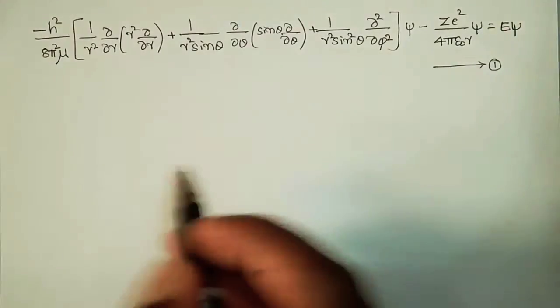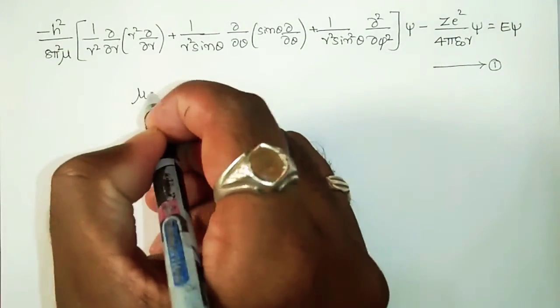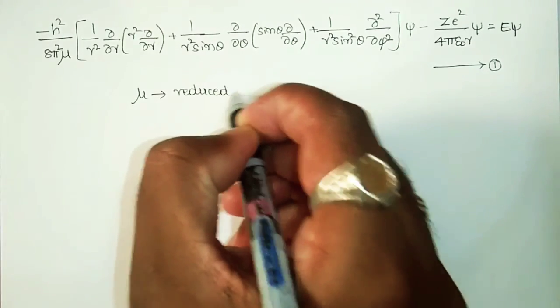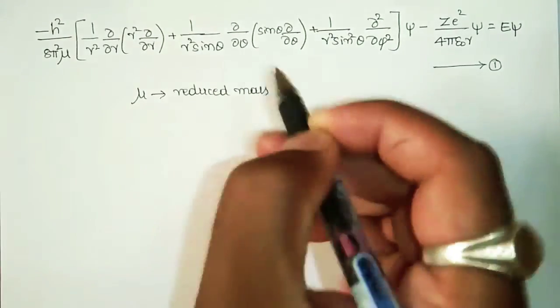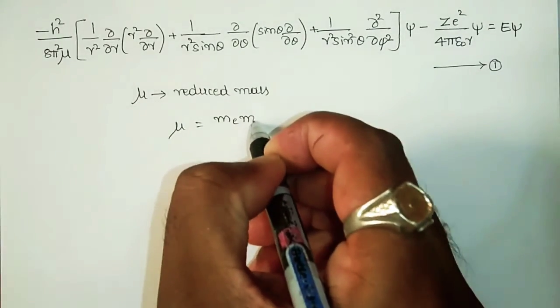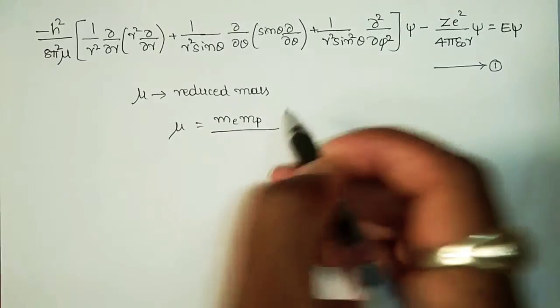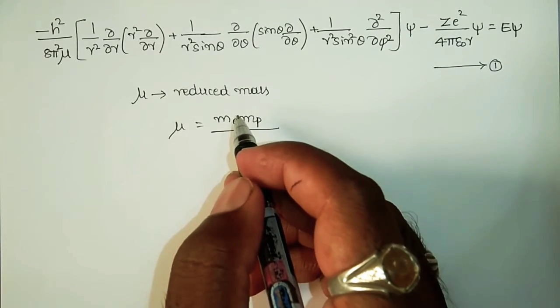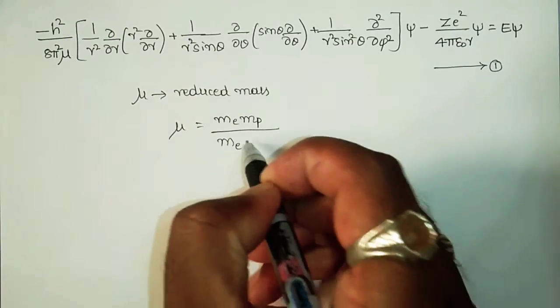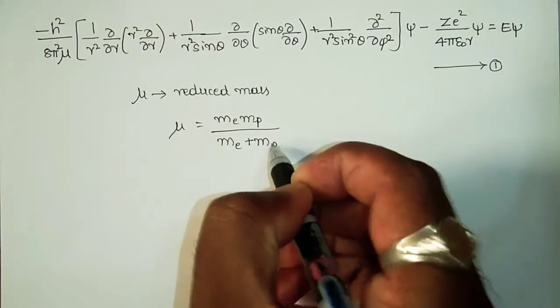And here I said this is mu. Mu is reduced mass, which can be calculated as mass of electron into mass of proton, which is present in the nucleus, since hydrogen is having only one proton and one electron, divided by mass of electron plus mass of proton.